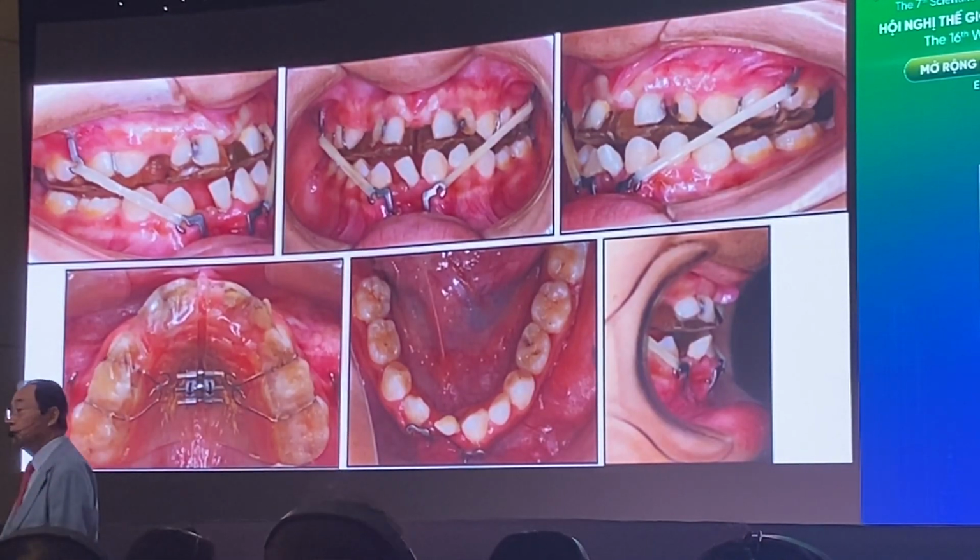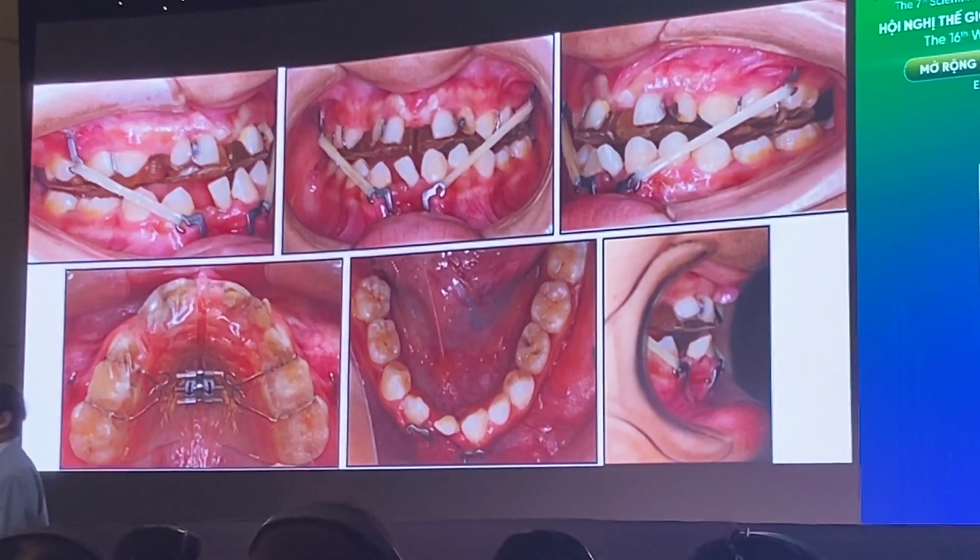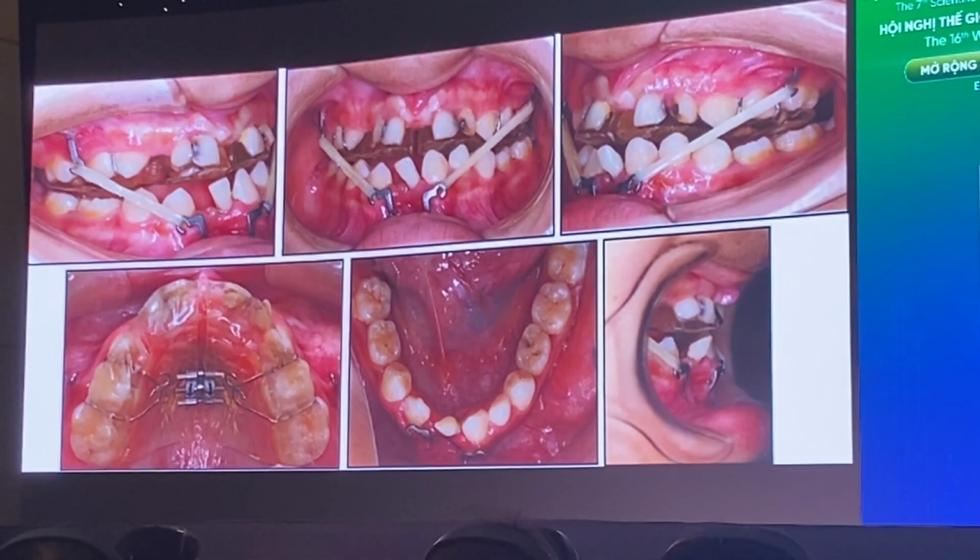All right, so basically this patient has an edentulous area, so you can actually put a few mini screws on the lower, and you also can put some sort of MAPI appliance on the upper, but the patient only wears class 3 elastics 24 hours, all right?